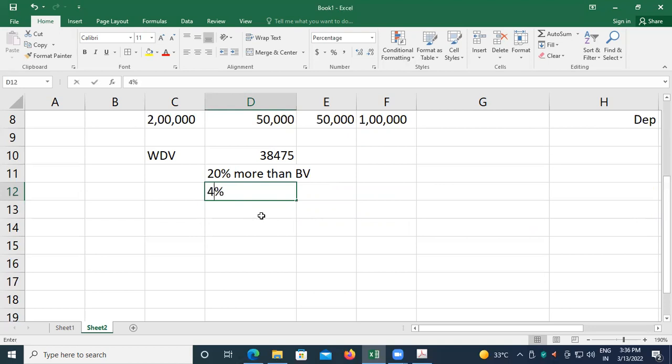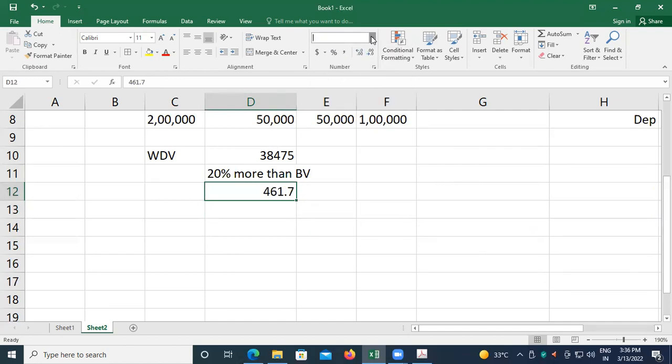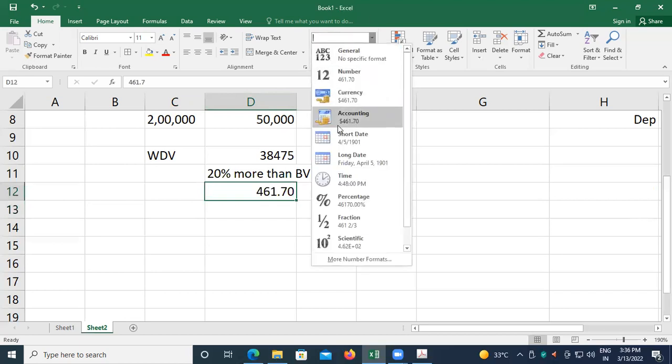Then we will get the total value of 46,170. So the total value of the asset will be 46,170. Let us put in the value.